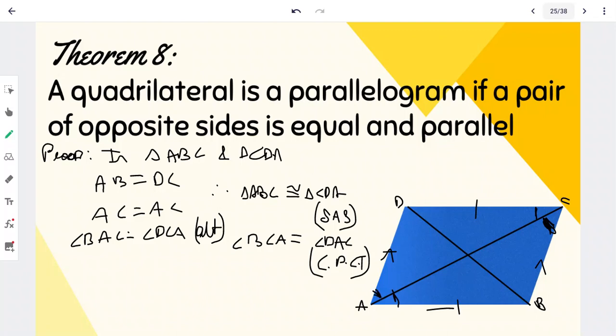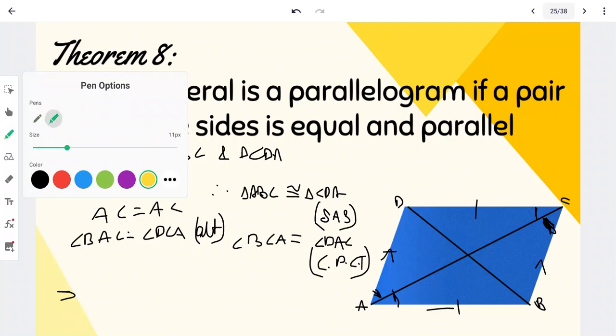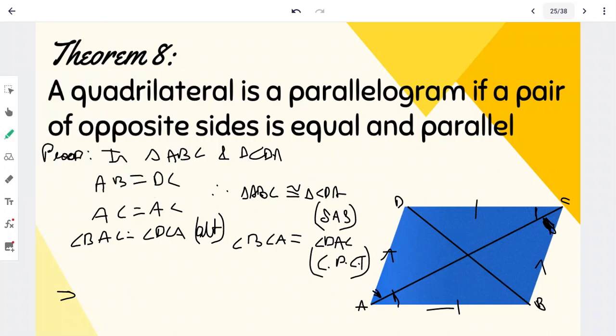So if these two are equal, what did we get? We got that AC, now again look at the highlighter, you will understand. AC is intersecting AB and CD, correct?